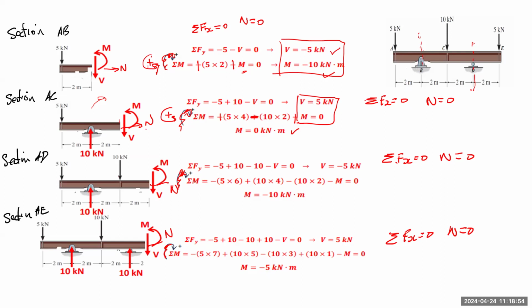Remember, the normal coming out straight is 0 in the X. So the sum of the forces in the Y, guys: minus 5, plus 10, minus 10, because you have one coming down and one going up. One is plus, one is minus. Minus the shear force, which is always coming down, minus. So that gives you minus 5 kilonewtons.